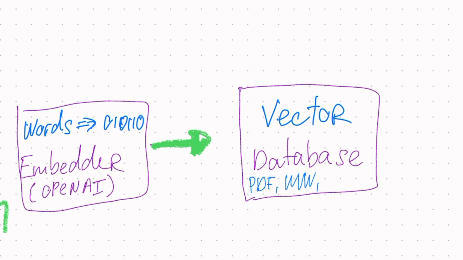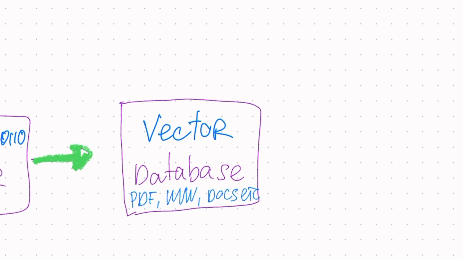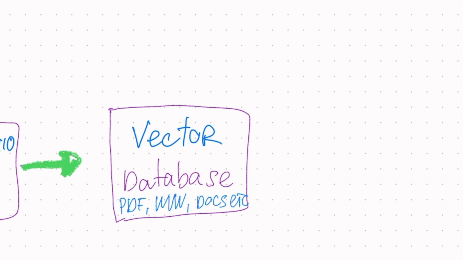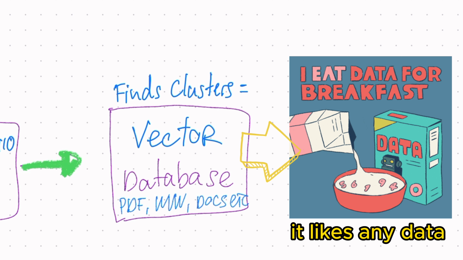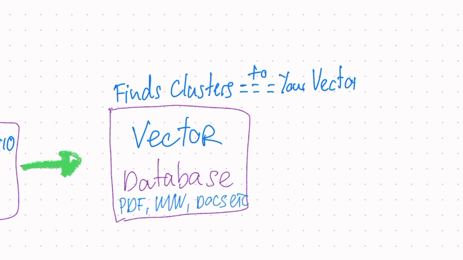Imagine I was talking about a website. The way these things work is the website will get embedded and then saved into this database, and then this information about the website will be queried, and it will provide that information to OpenAI.